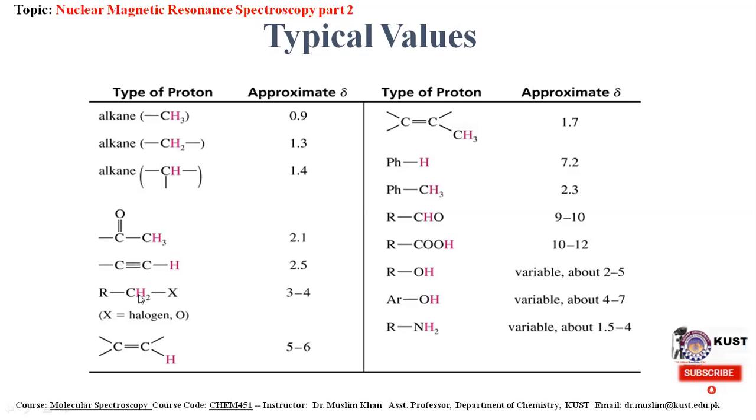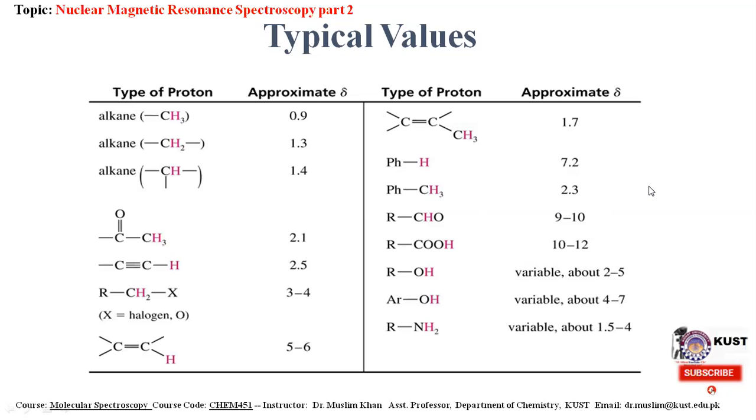Hydrogen attached to a carbon that is bonded on one side to an alkyl group and on the other side to a halogen atom is shifted more downfield, 3 to 4 ppm. Similarly, hydrogen attached to the carbon of a double bond is around 5 to 6 ppm, while aldehyde hydrogen is around 9 to 10 ppm, carboxylic acid 10 to 12 ppm, and so on.